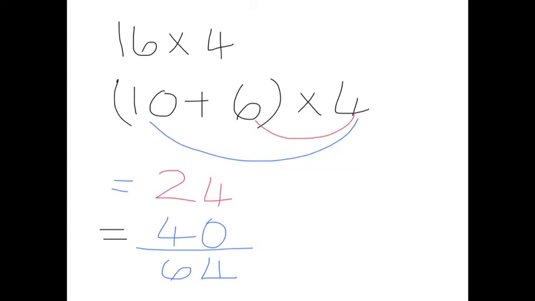Now, we know that this is a very long way to do it. So we're going to have another look. We've also learned that we can go 16 times 4 this way around.